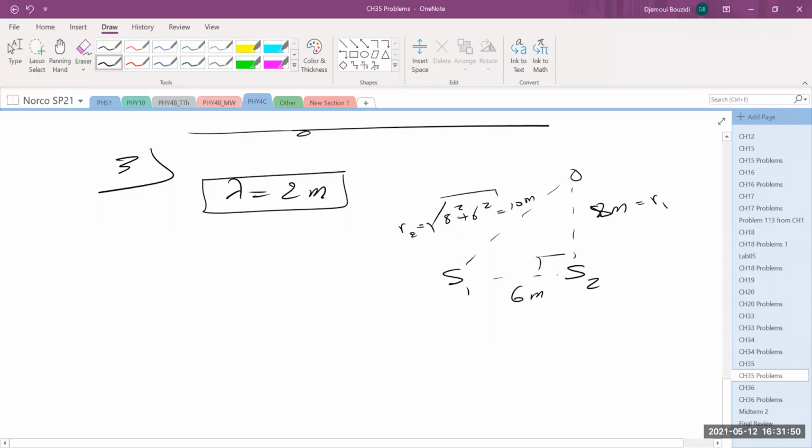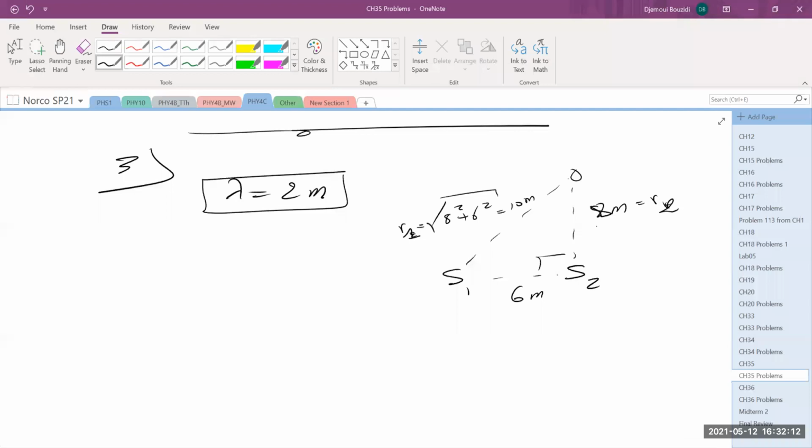So the difference between S, oh man, I labeled them differently. That's fine. So this is S1, this is R1 and this is R2. The difference from S1 to the observer is R1. It doesn't matter. We're taking the difference in absolute value anyway, because of the properties of the cosine. It doesn't matter which one you call S1, which one you call S2.